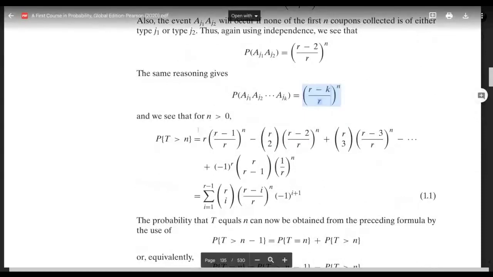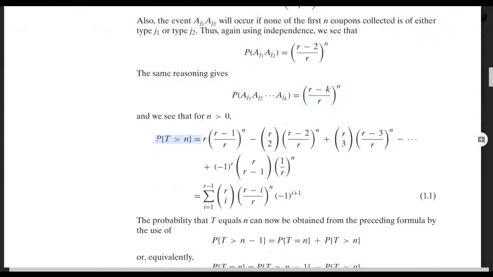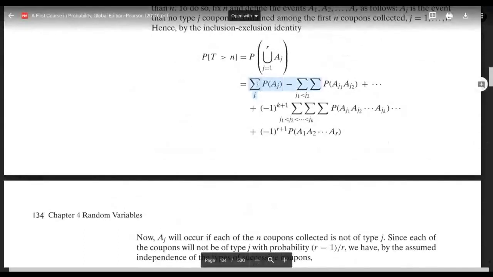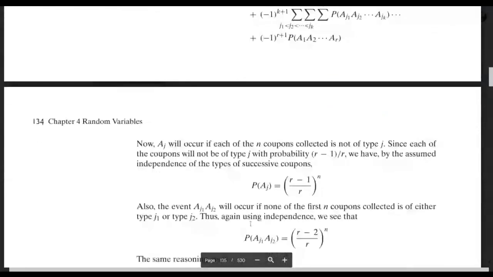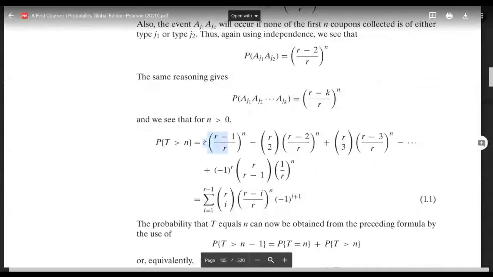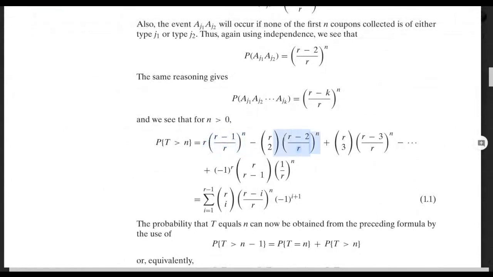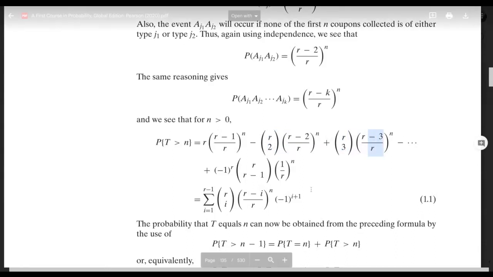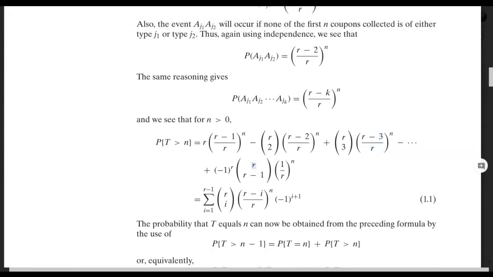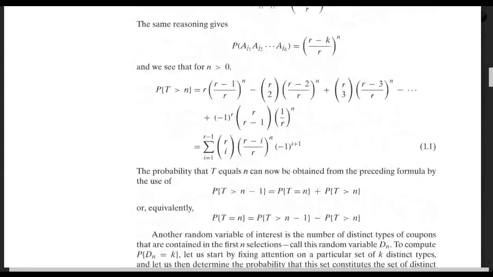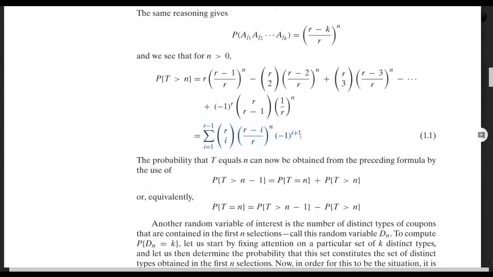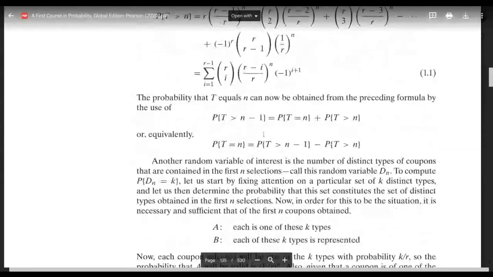And we see that for n greater than 0, the probability of T greater than n is, going back to this formula and plugging in, R times this minus this, but we have to multiply by R choose 2, then R choose 3, and so on and so forth, up to the last one, 1 over R. Anyway, to get something like this.